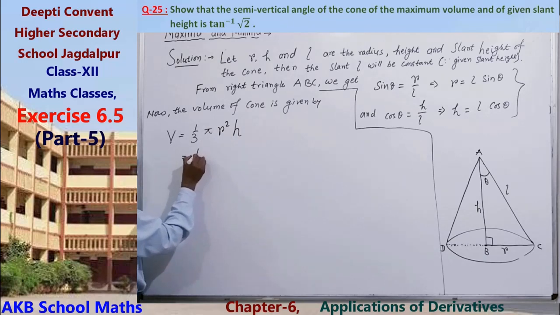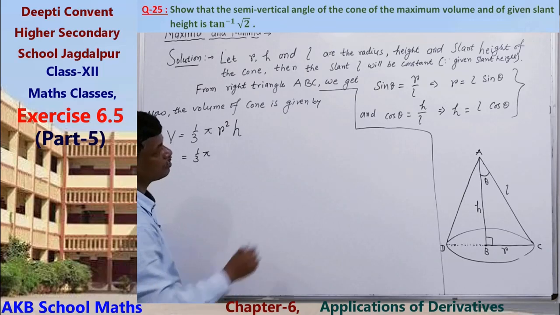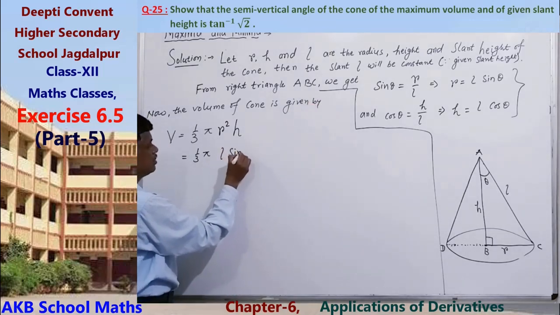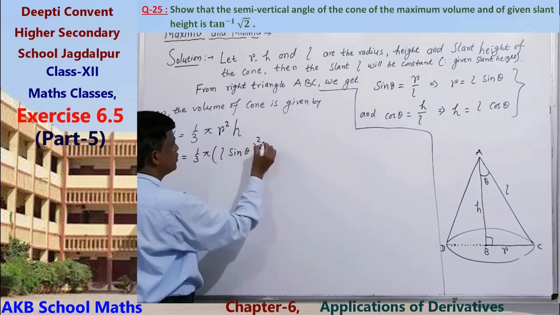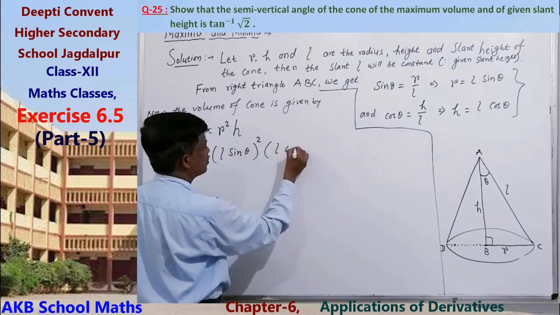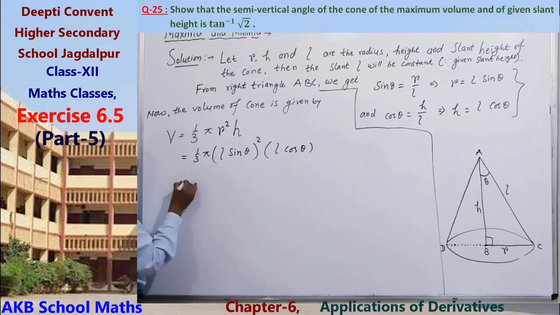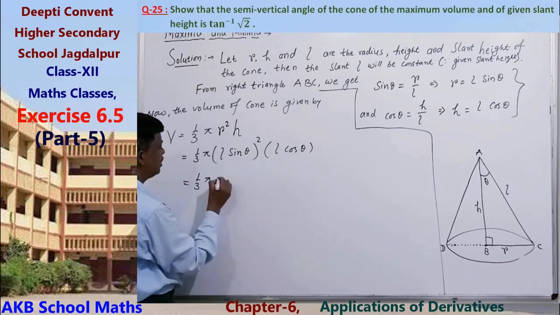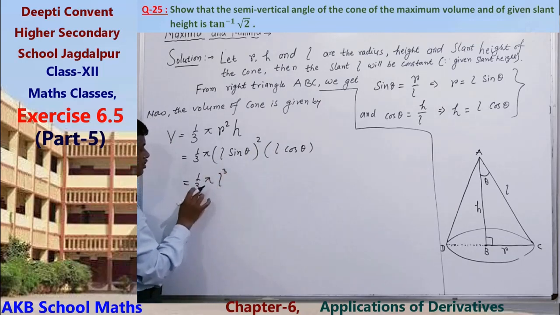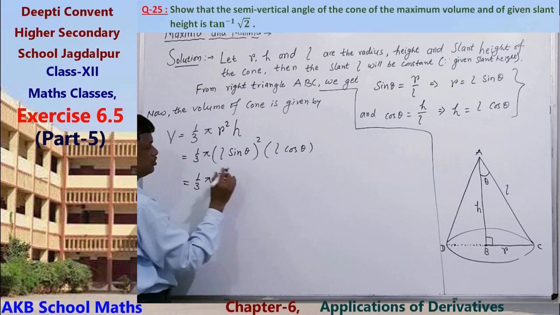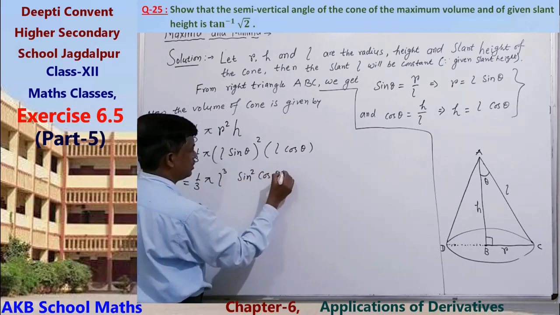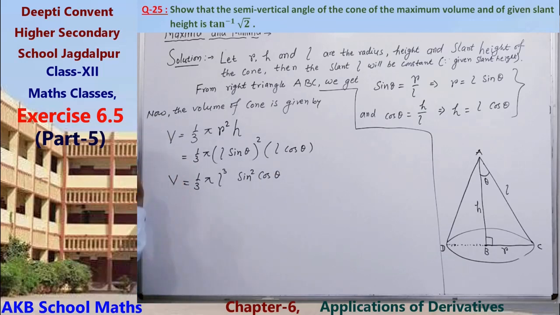So equals 1 upon 3 π r² means L² sin² theta, (L sin theta)², h means L cos theta. So this is equals to 1 by 3 π L² L, 1 by 3 π L³ sin² theta cos theta. This is V.